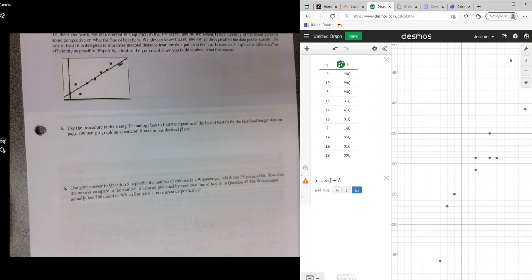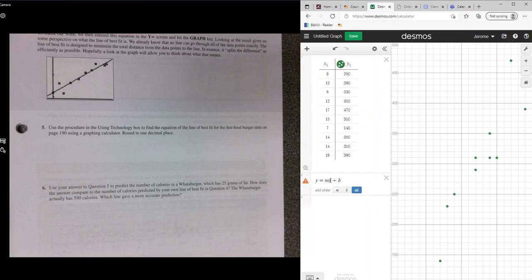Those are our points. Now, getting back to where I said that we had y equals mx plus b. Now we have to redo this to show this on the Desmos calculator. First of all, if you look up here, we got y1, so this y must be y1. Now the next thing, the equal sign.